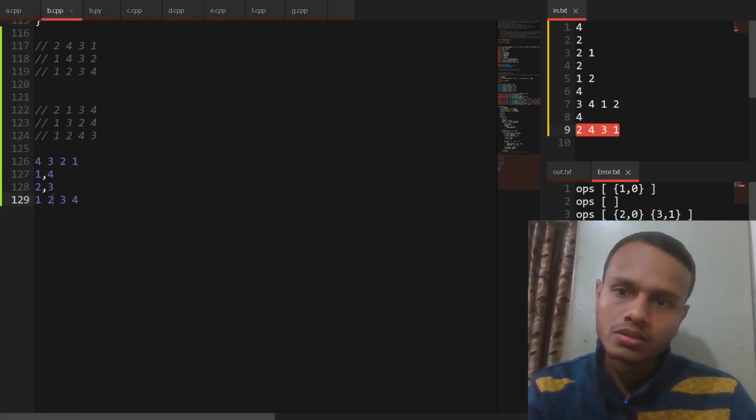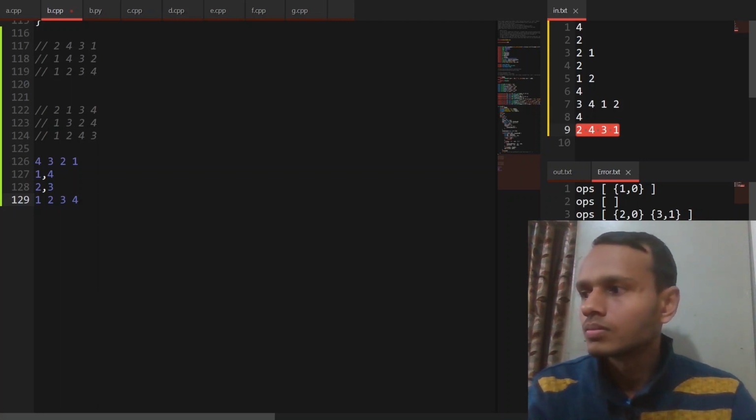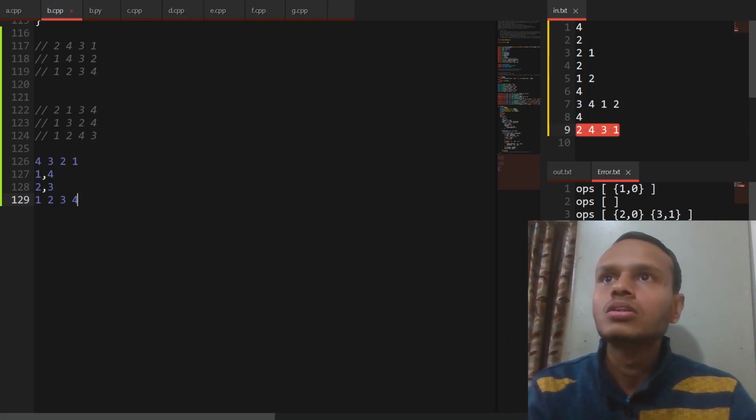But undoing any of these operations will not do anything. So I'll have to perform one extra operation. But this thing doesn't make sense at all, because I don't know how to get the answer from this information.